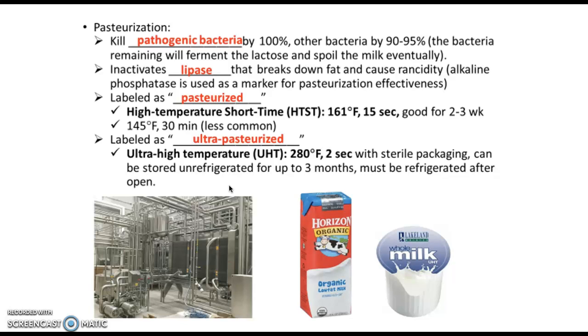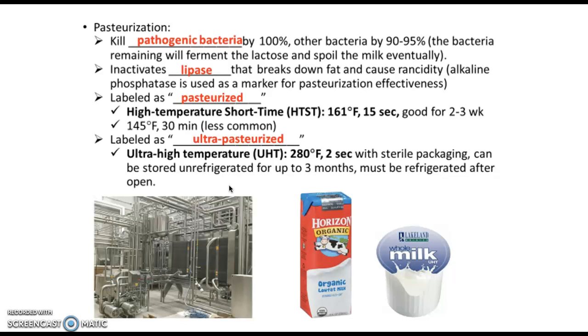If we're talking about 30 minutes, that's probably batch processing, and we all know batch processing is not very efficient. If we're talking about milk being ultra pasteurized, then it usually refers to UHT, which is 280 degrees F or 135 degrees C for 2 seconds.